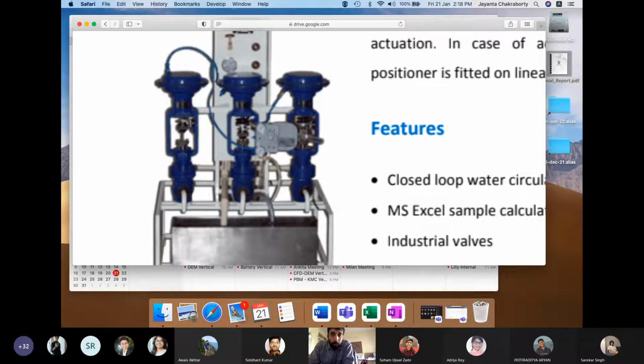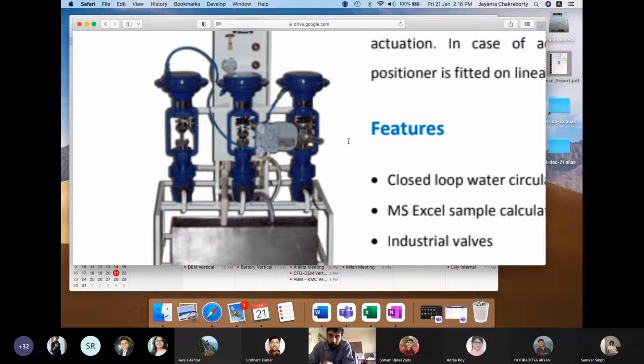A valve positioner is an instrument which makes the valve stem travel by a certain distance. This is required for a system where the fluid flowing through the valve is very dirty. That gives friction to the valve stem, so a small change in valve top pressure will not move the valve stem accurately.